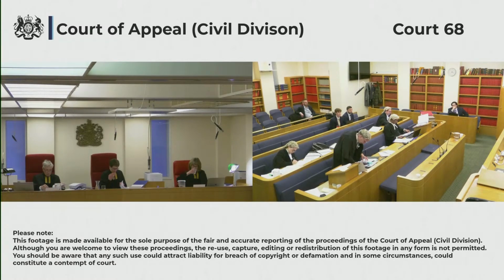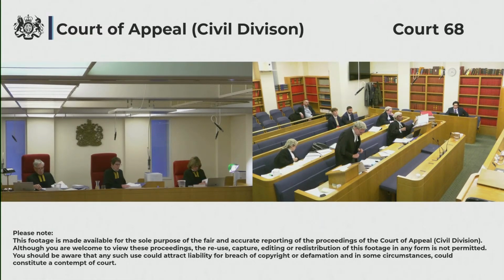I'm finding something else first. If we just go in the main bundle to page 36, I was going to take this from my learned friend's skeleton. So what document are you in? I'm in page 36 of the main appeal bundle, tab 3, and this is my learned friend's skeleton for this appeal.